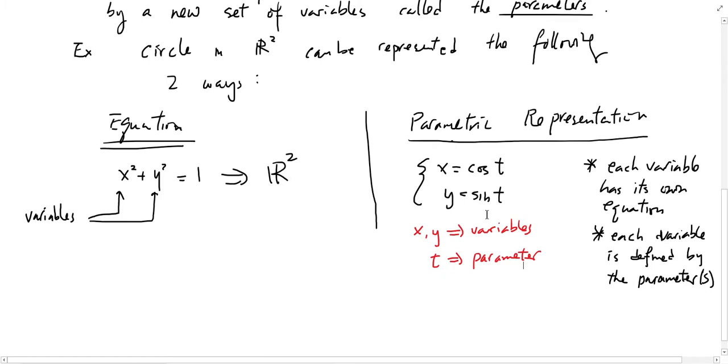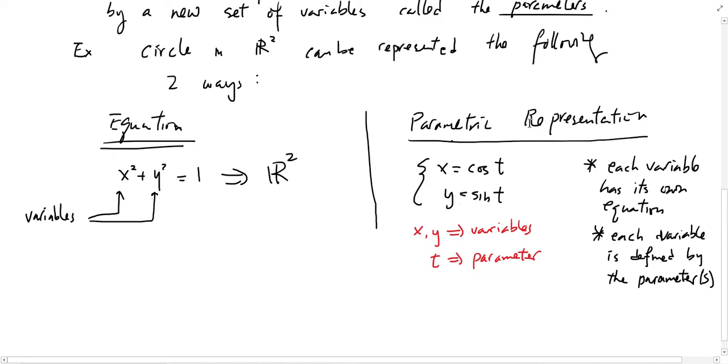In this scenario right here, the problem is, how many variables do you see in this expression? Well, there are x and y, but there's also a t. Okay, and therefore it kind of looks like we have 3 variables involved. And if there are 3 variables involved, wouldn't this picture be in R3?